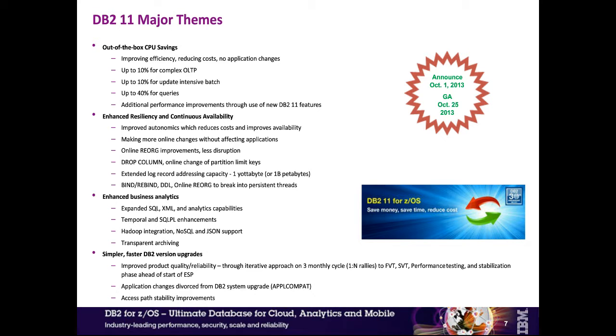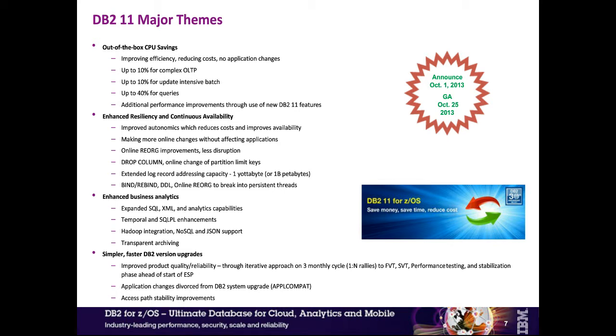So there are improvements related to part-level reorg to get a better chance of getting a successful drain, and also some optimizations made to the switch phase, so the switch will actually be quicker. Some of the highlights in terms of schema changes are the ability to drop columns and to alter the limit keys of particular partitions. One of the really major enhancements has been to expand the log record addressing range.